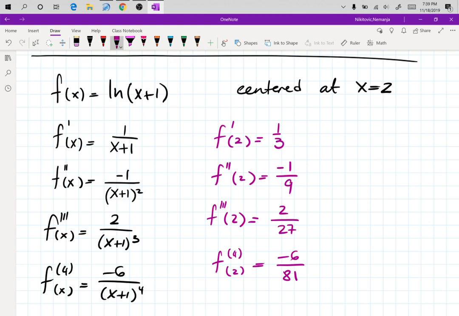Did I get these right? Thank you. Now we need to divide each one by the factorials and put x minus 2 to the n.